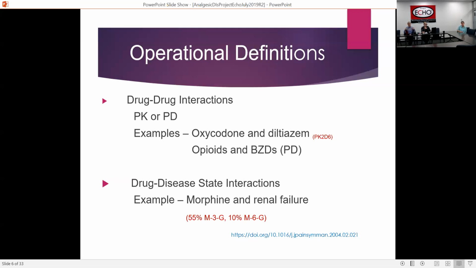So in my way of thinking, an opioid plus a benzo is an example of a pharmacodynamic interaction, okay?